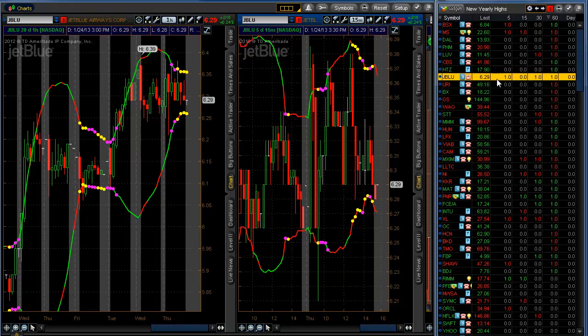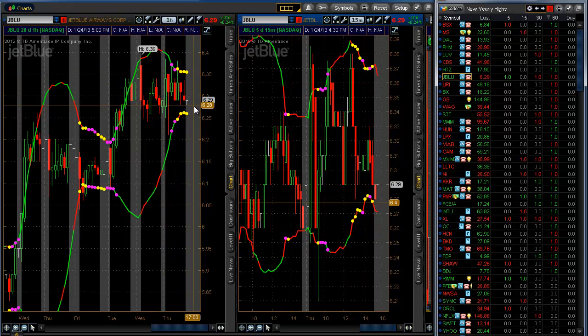When we have a 1, that identifies a potential breakout, and it's color coded too. If it's red, that's a potential breakout to the downside. If it's green, it's a potential breakout to the upside. So I just click on that, and you can see JetBlue has a potential breakout on the 5 minute to the upside, and on the 30 minute and 60 minute to the downside.